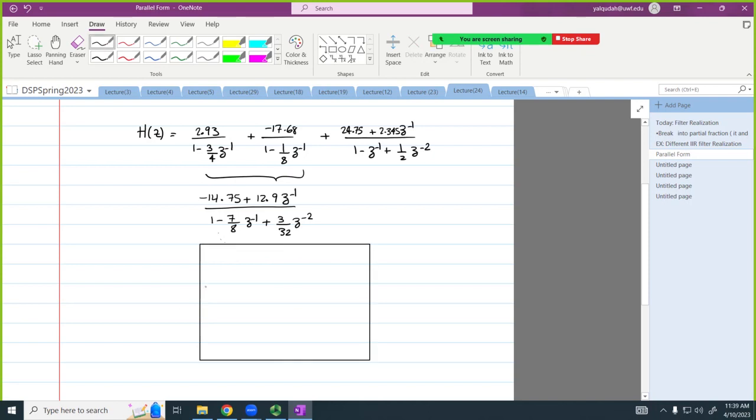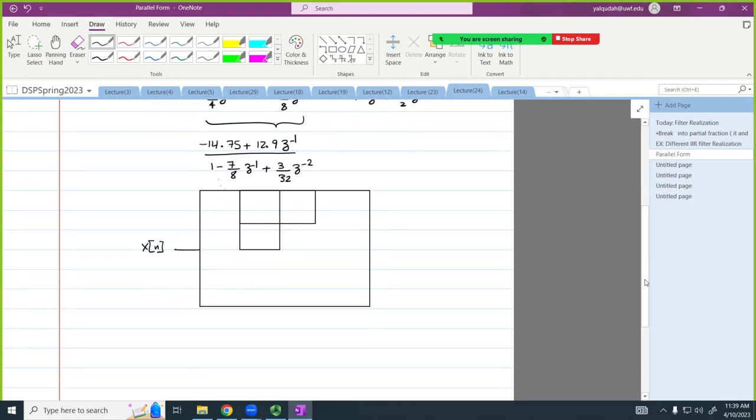You have something that looks like this. This is x of n. This is y of n.